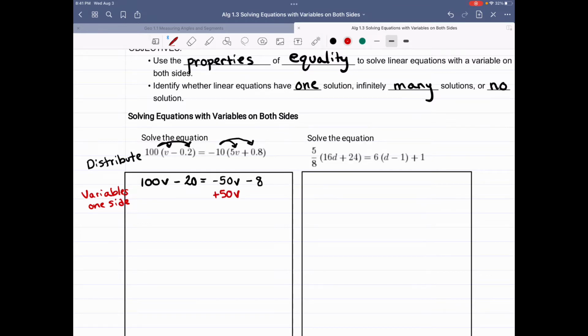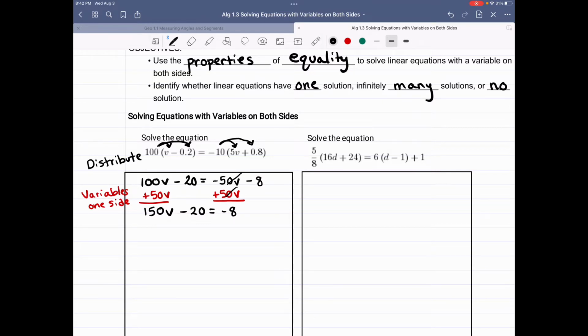And we will add it not to the 20, but to the 100v. It's like x's. We'll put all the v's together. So that gives us 150v minus 20 equals, these cancel, leaving us with negative 8.